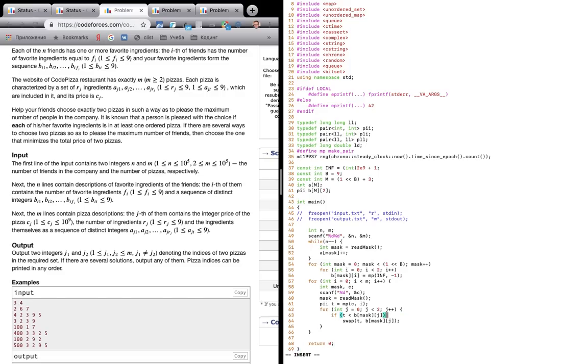So we remembered two best pieces for each mask. What do we have to do next? For each mask, we have to calculate the number of interest masks which are submasks. It's a standard dynamic programming, but can do easier. And this dynamic programming is actually like prefix sums on 9 dimensions.